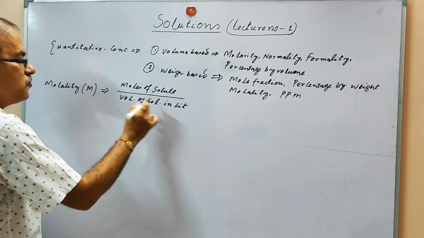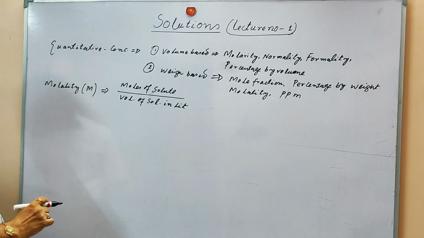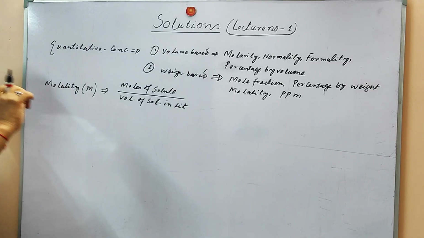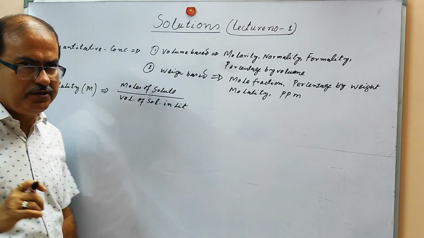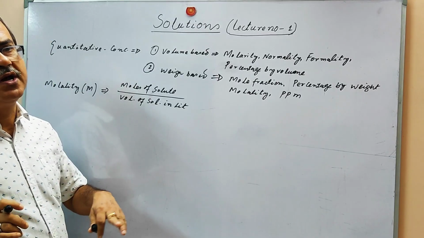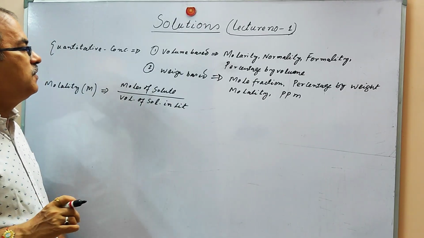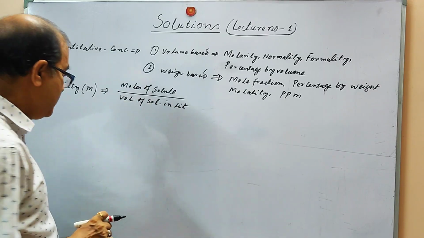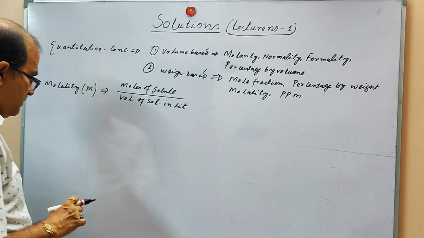V means volume, SOL means solution. So this is the molarity. If 1 mole is present, then 1 molar; 2 moles, 2 molar; 0.5 moles, 0.5 molar. The volume of the solution in liter, that we have to always understand.